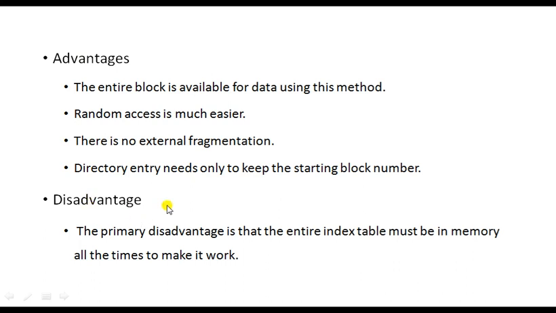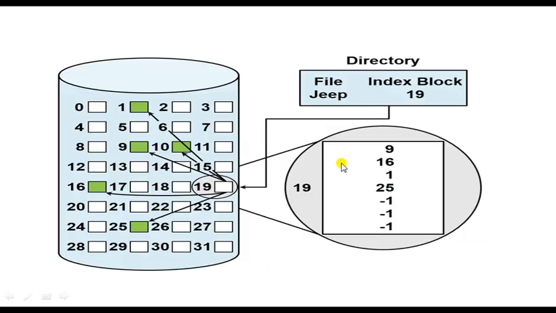Coming to the disadvantage, the primary disadvantage is that the entire index table must be in memory all the time to make it work. Means if you want to access the GIF file, the index block is 19. This 19th index block is always available in the primary memory. After completion of the work, only then is this index block removed from the primary memory.